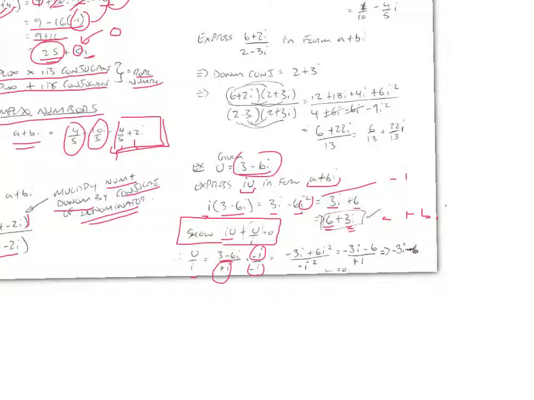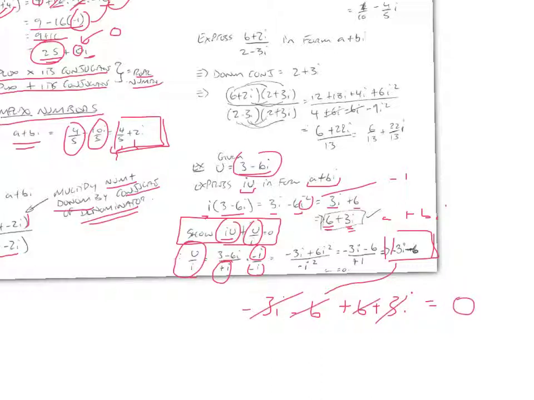And that would give us minus 3i minus 6, okay, if we work our way through. And that would mean that if u over i is minus 3i minus 6, that's this part here, and we're trying to show that that plus iu, which is plus 6 plus 3i, is equal to 0, which is what we were asked to show.